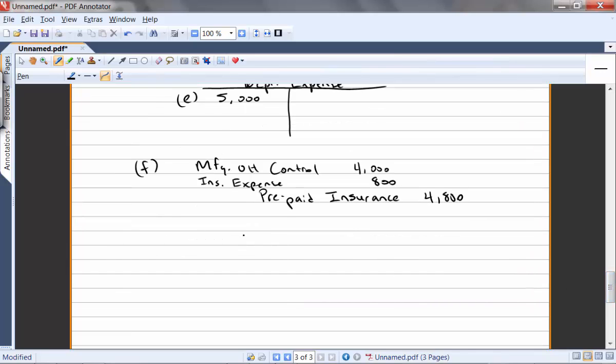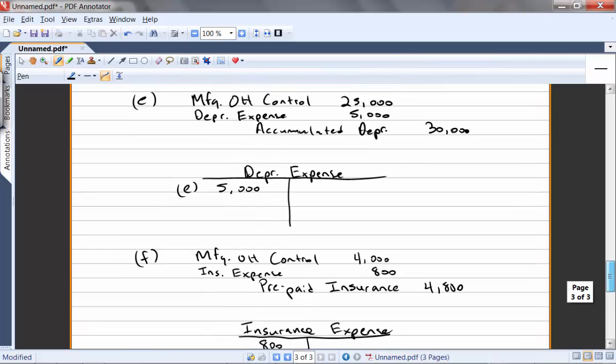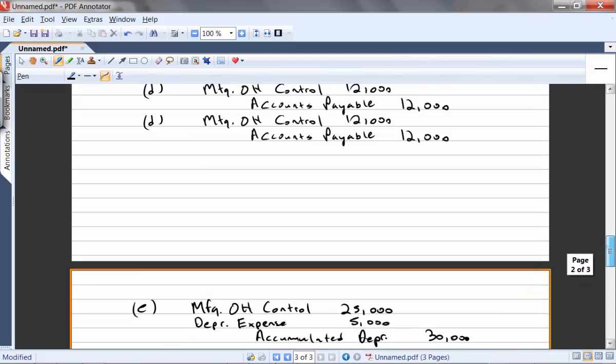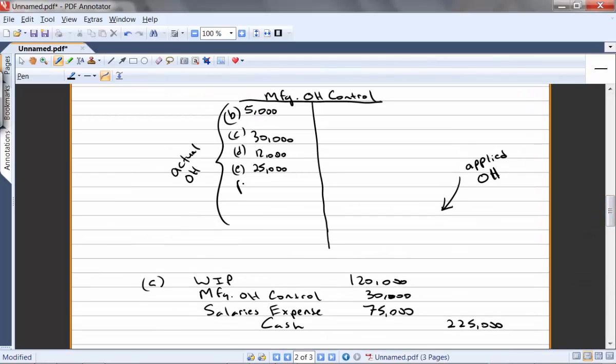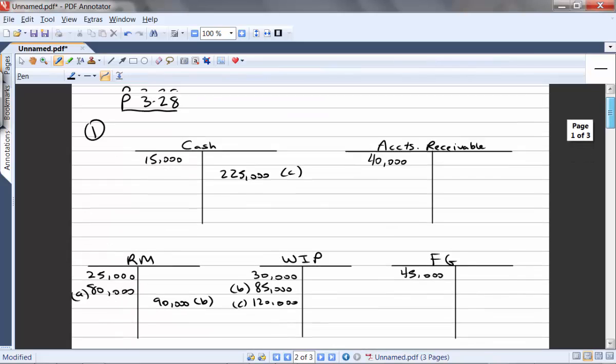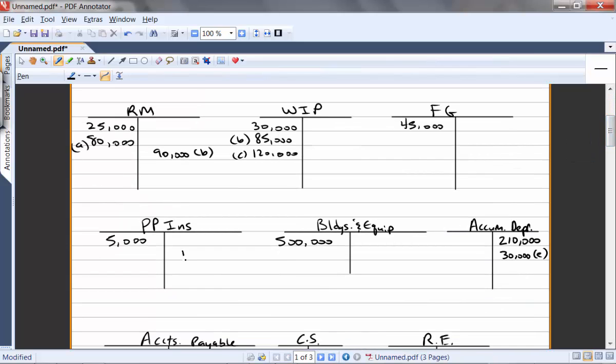So we need to set up one more account here we haven't set up yet, insurance expense. And now my writing is starting to get messy. I'll try to make it better here. And the manufacturing overhead control gets $4,000 put into it. Part F. And then prepaid insurance got $4,800 taken away from it. If we can find, here it is. Part F.